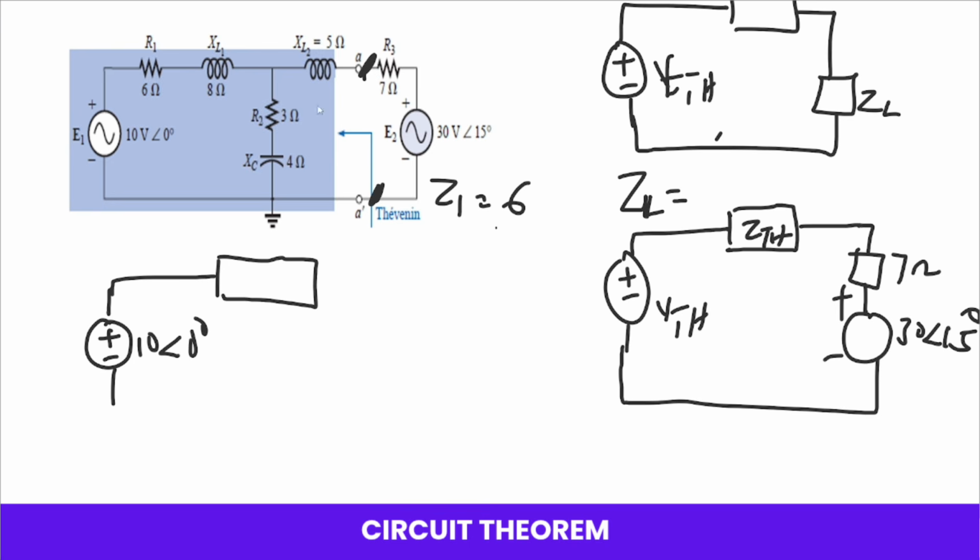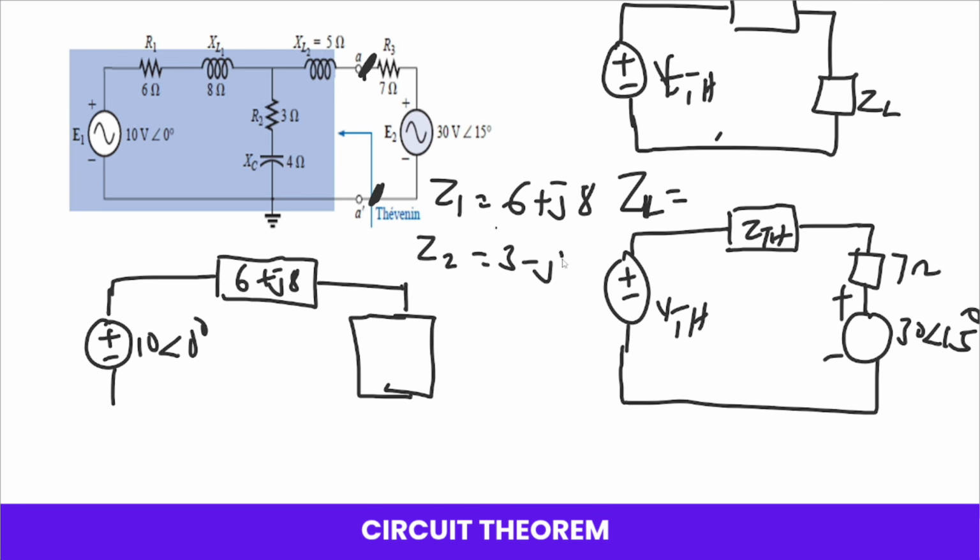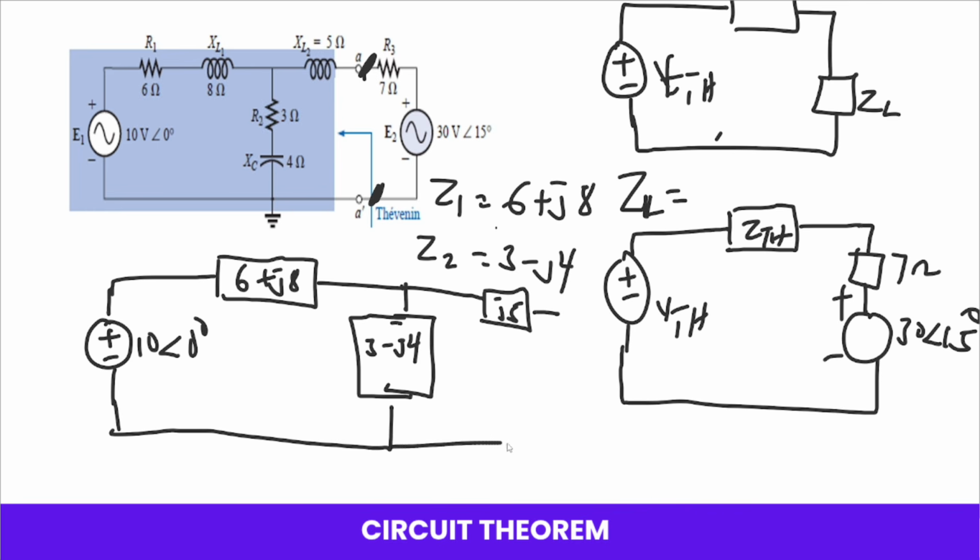Z1 will be equal to 6 plus J8. Then this side is Z2, which is 3 minus J4. And then finally the other side, the only parameter there is J5, because that's an impedance, and the rest becomes open circuit.